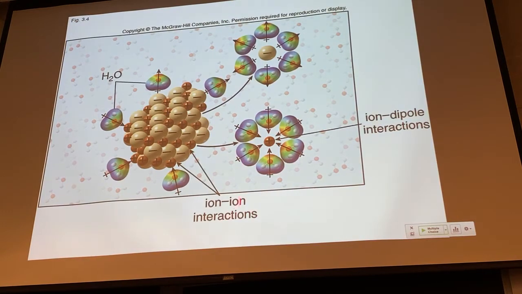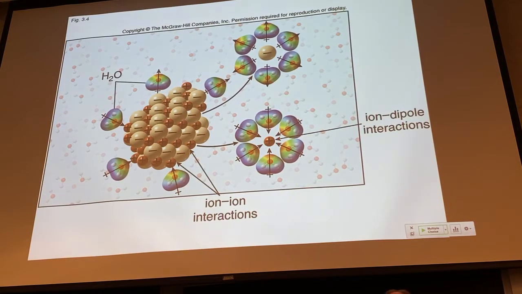Individually, we would say they're stronger than an individual ion-dipole interaction. But because you can surround an ion with so many water molecules, the sum total of these ion-dipole interactions is going to be greater than the ion-ion interactions felt by an individual ion in one of these crystals. Okay?